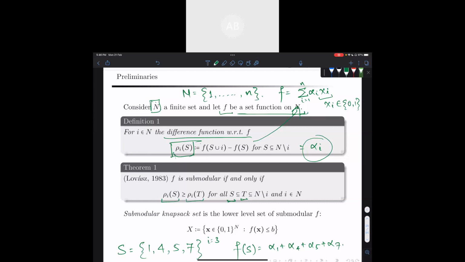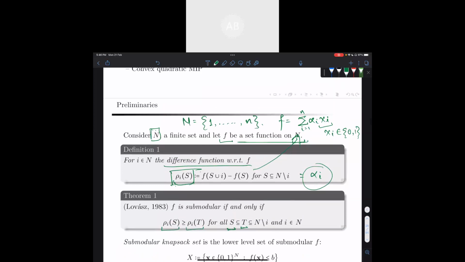So for example, if my function was something like x1 plus x2 plus x3 plus square root of x1 plus 2x3, right?